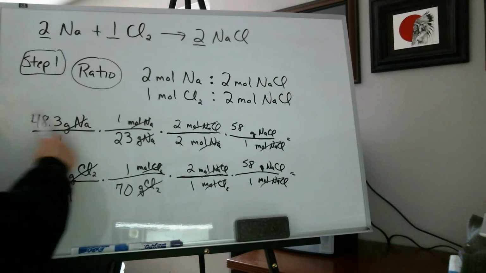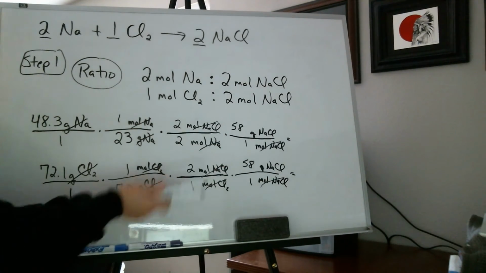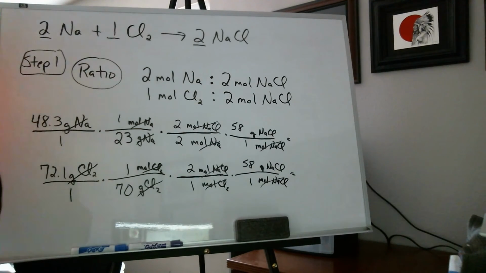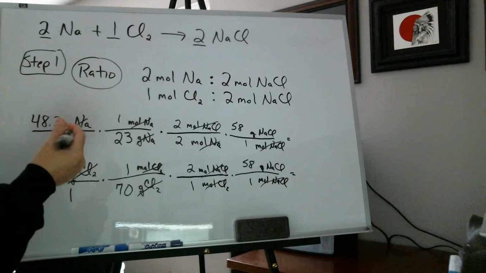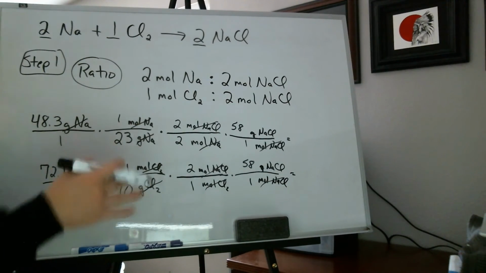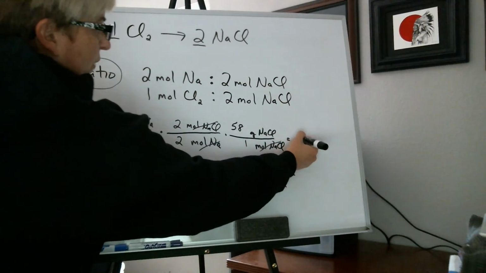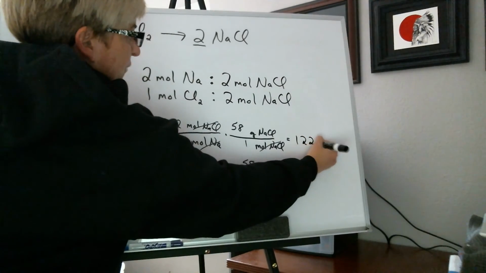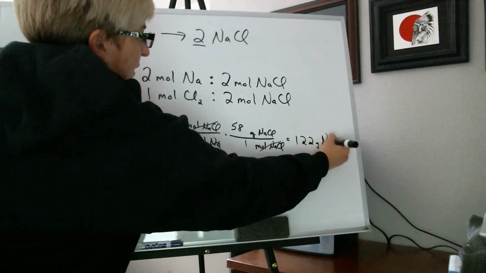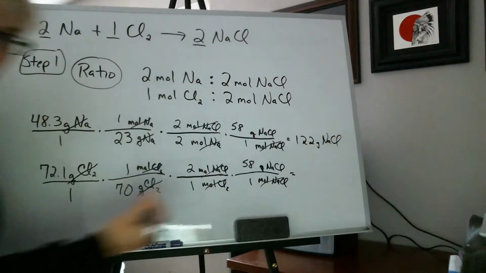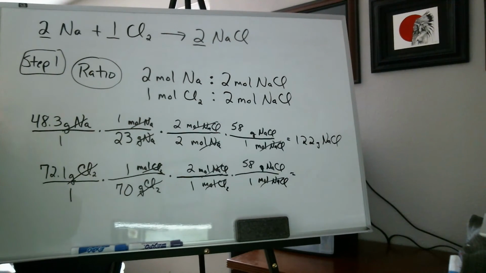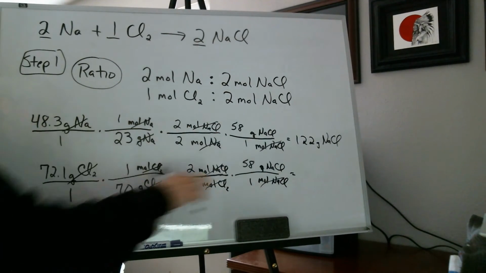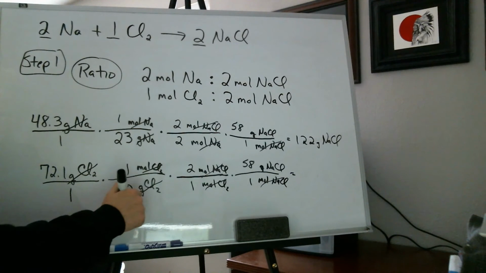So if we multiply across the top and divide across the bottom, I've already worked this out. I rounded my answer to the nearest whole number. I got 122 grams of NaCl.